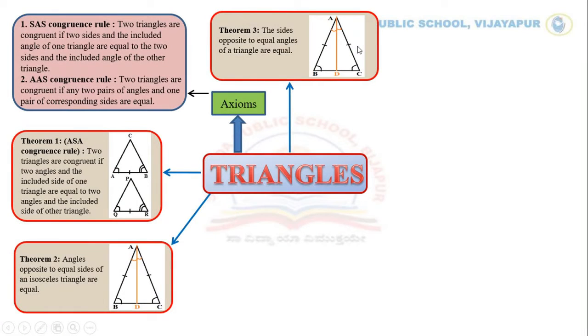To prove this also, we have drawn the angle bisector, and by using AAS congruency rule, we proved that triangle ABD is congruent to triangle ACD. Therefore, the corresponding sides AB is equal to AC.